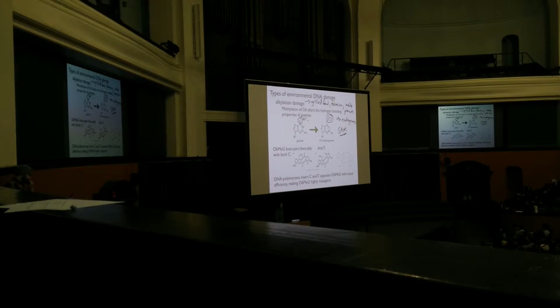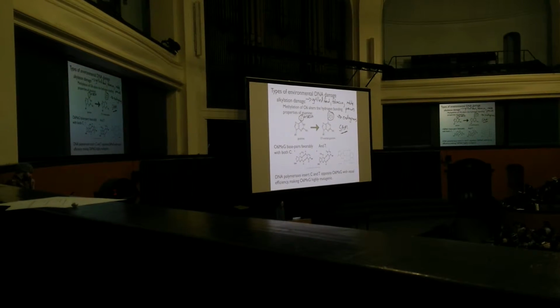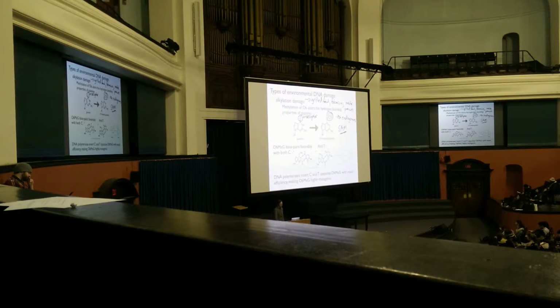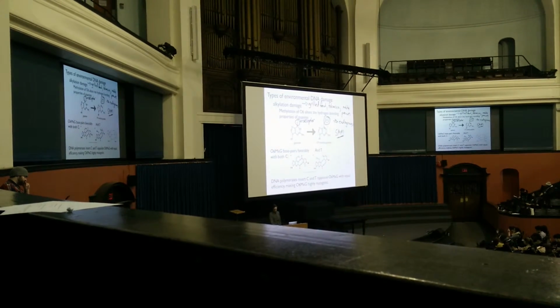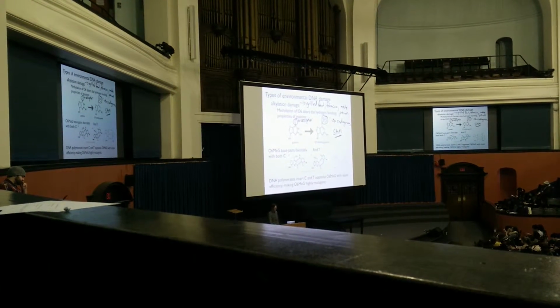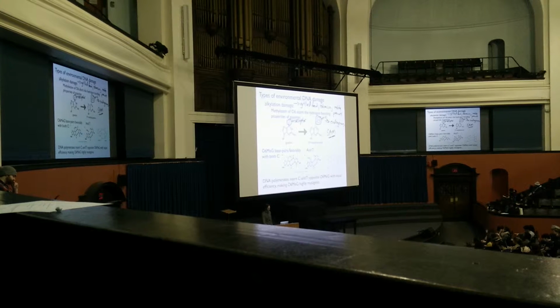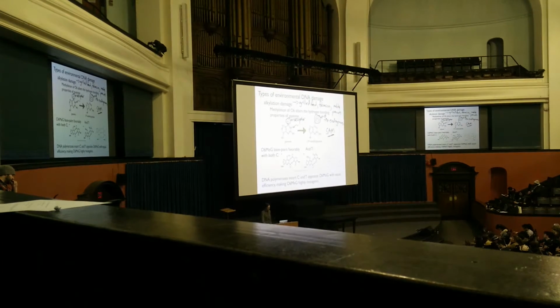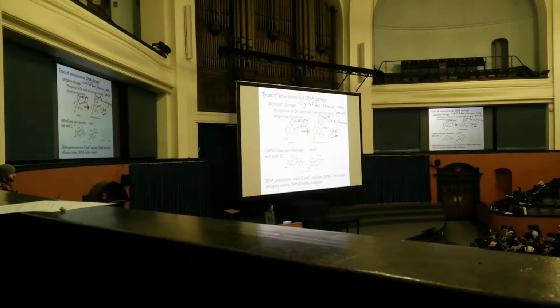On guanine, this is an H bond acceptor, and on the O6-methyl G, now this is nothing. It's neither an acceptor nor a donor. Here you have a donor, and on the O6-methyl G, now you have an acceptor.